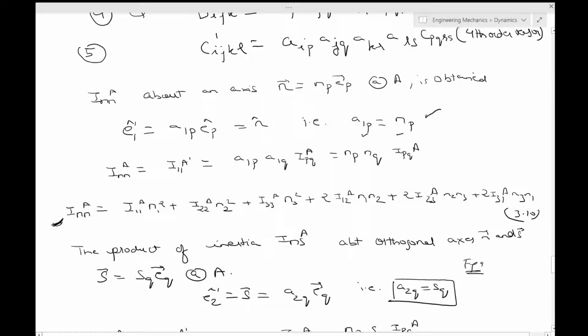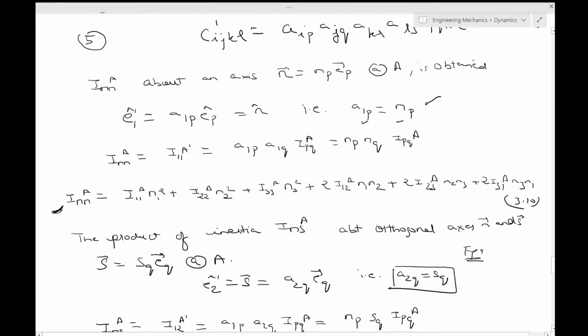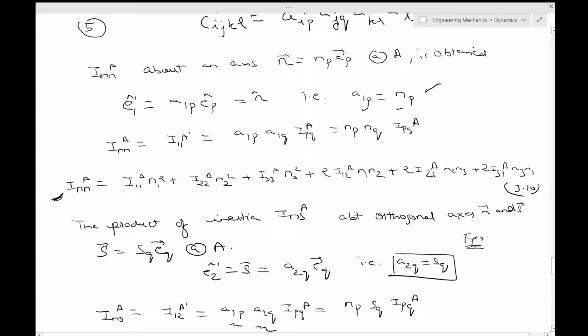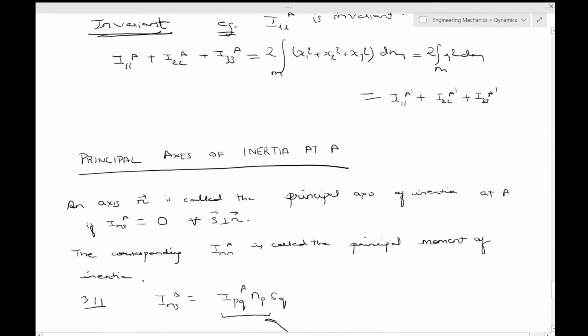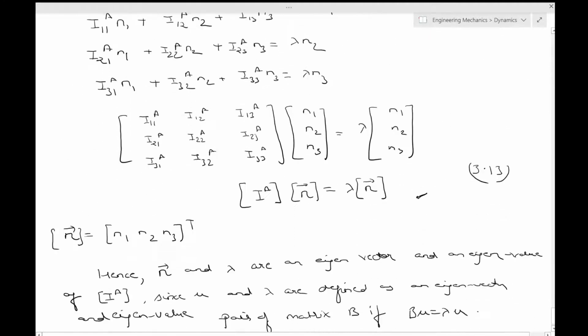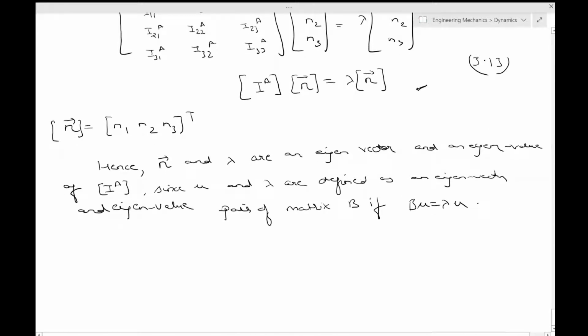So with this, let me write I_nn from 3.10 is equal to I_pq of A n_p n_q.